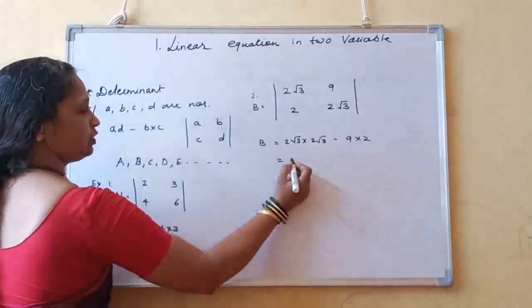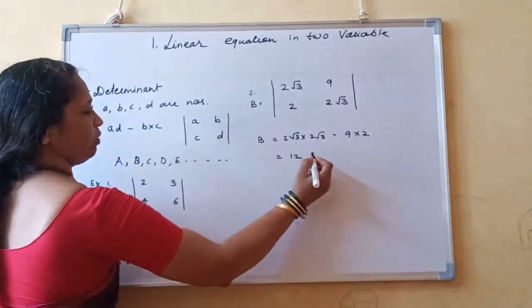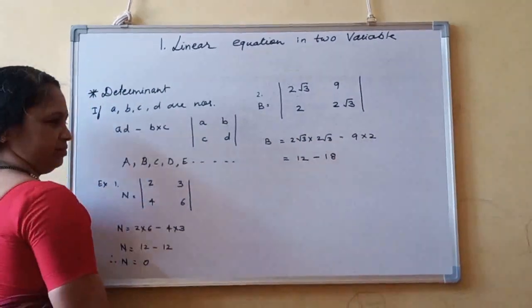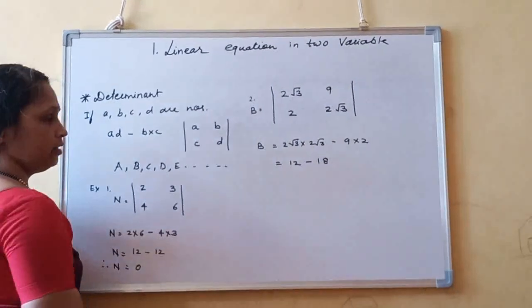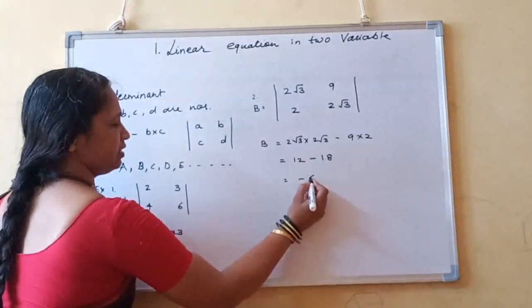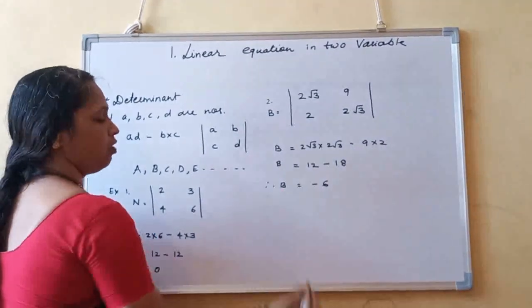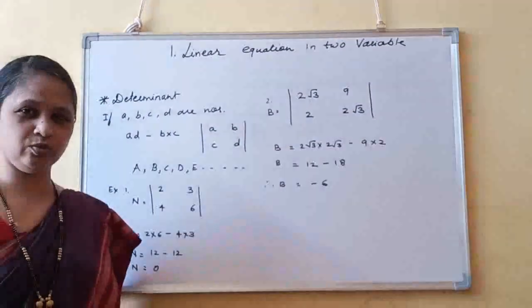So this simplification is 4 3s are 12 minus 9 2s are 18. Okay, 18 minus 12 is equal to minus 6. Therefore the value of determinant B is equal to minus 6.